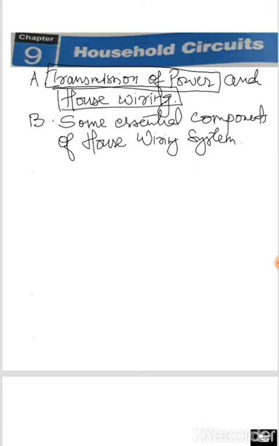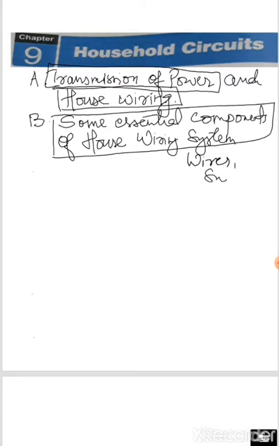Then in Unit B, we'll be learning about some essential components of household wiring, that is about the wires, the switches, the fuse, and about earthing and all. Okay, so today we'll be focusing on Unit A, transmission of power and house wiring.